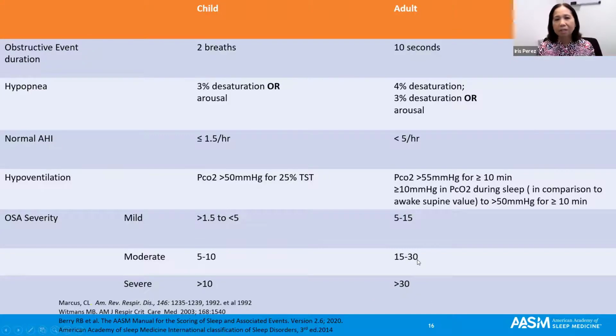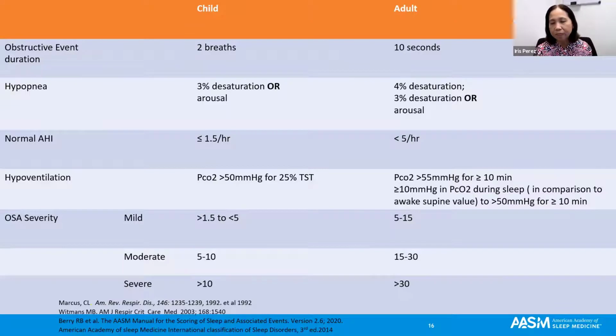So just thinking of when you get a sleep report, it is important to look at how, 1, the events are scored, and 2, that will help you determine the severity of the OSA. The AASM suggests that labs can use the adult scoring for children or adolescents who are 13 years and above.